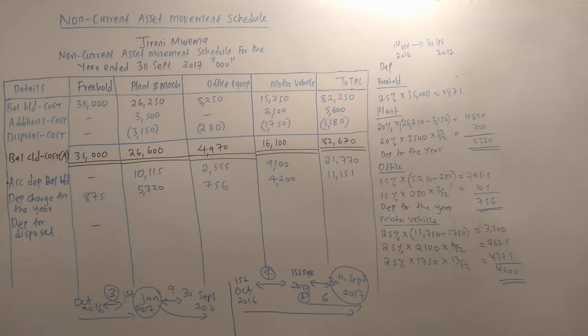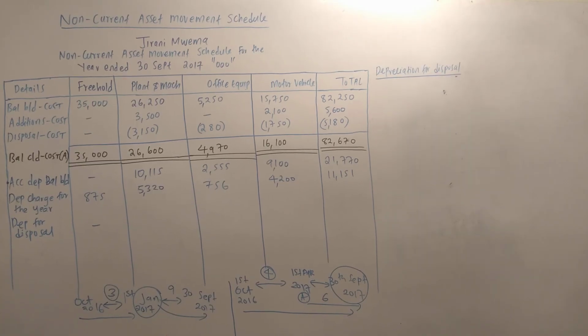Now allow me to rub the other side, so that I can rub the depreciation that you have done, so that I can do the workings for the depreciation of the disposal.